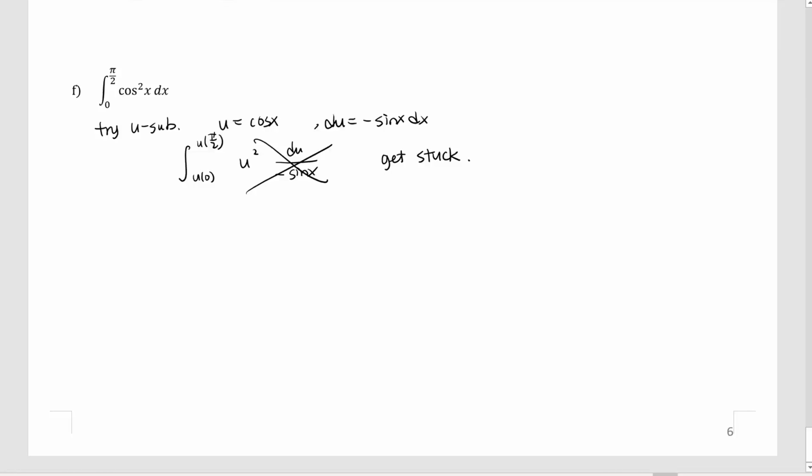Okay, so actually what we do is we use the double angle formula. So this is the correct solution. Use the double angle formula. What is the double angle formula? Well, that is sine 2x equals 2 sine x cosine x, and cosine 2x is 2 cosine x squared minus 1.